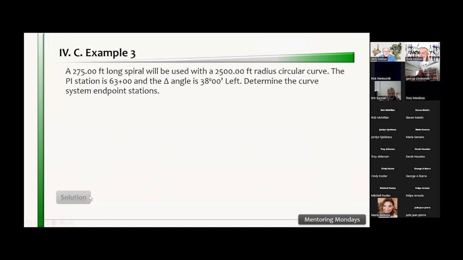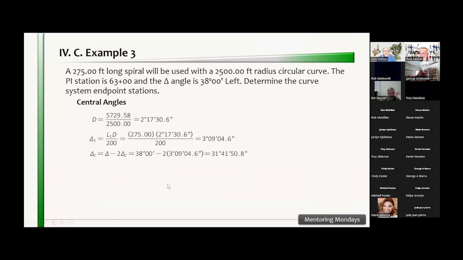Let's look at the solution. Okay, first of all, figure out the central angles. We got to figure the degree of curvature, and then we figure out the spiral angles. And so the entrance and exit spiral angles are 3 degrees, 9 minutes, 4.6 seconds, which means that the central angle for the circular arc is 31, 41, 50.8.